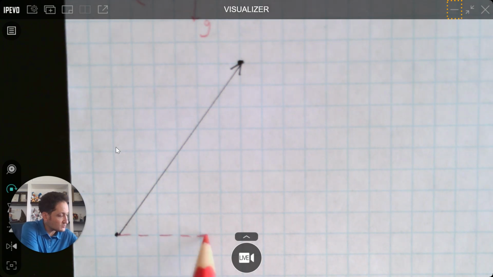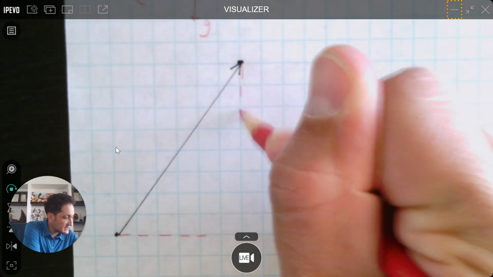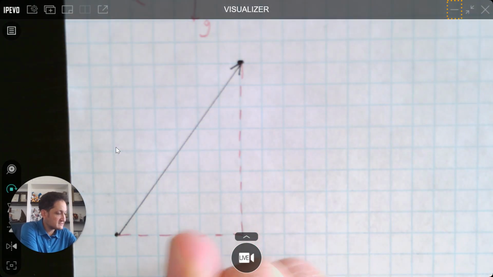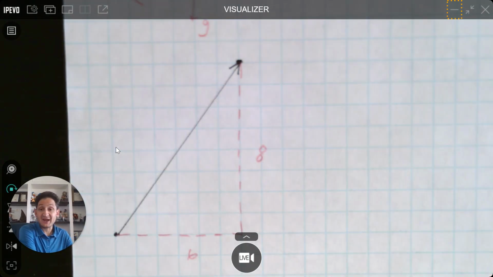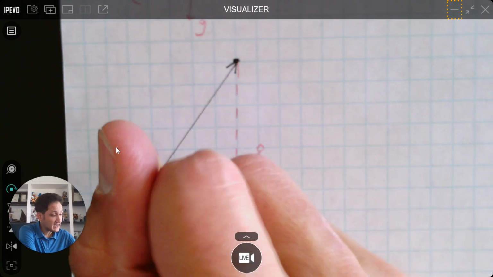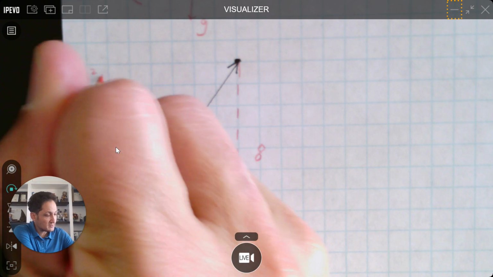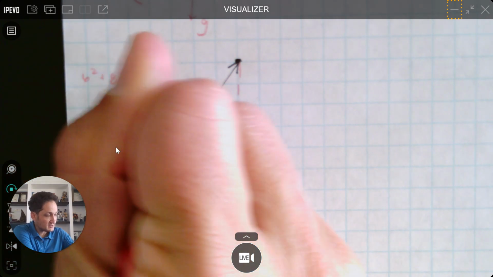So here's how unit vectors work. This is my normal vector that has components of 6 and 8. 6, 8. Cool. By the way, we know the magnitude is 10 because we know our Pythagorean triples. We definitely don't have to tell ourselves that 6 squared plus 8 squared equals the hypotenuse squared.